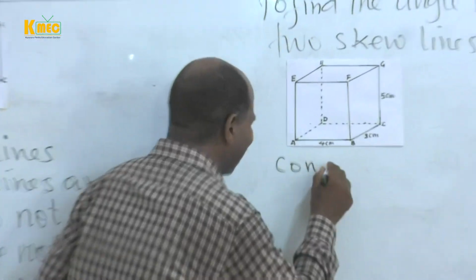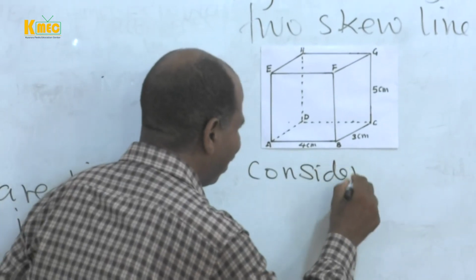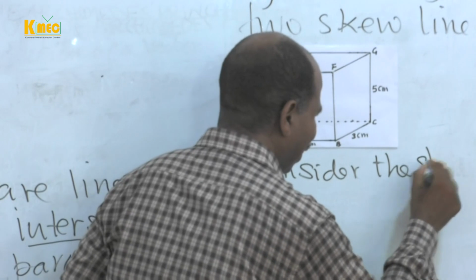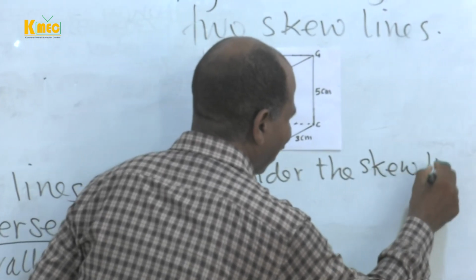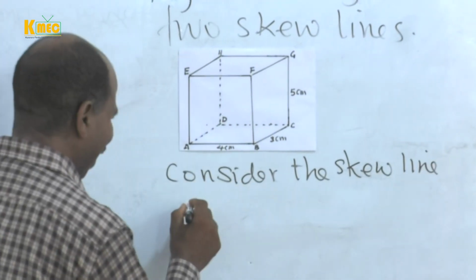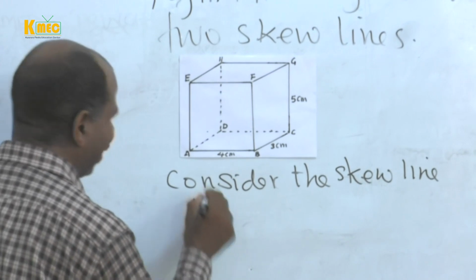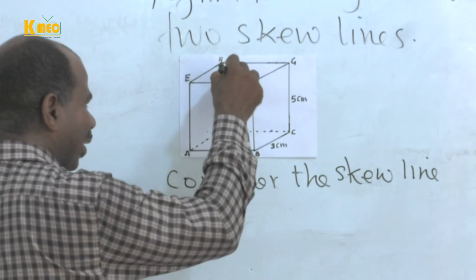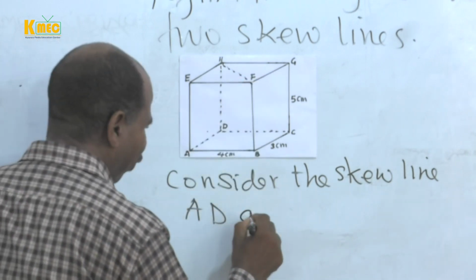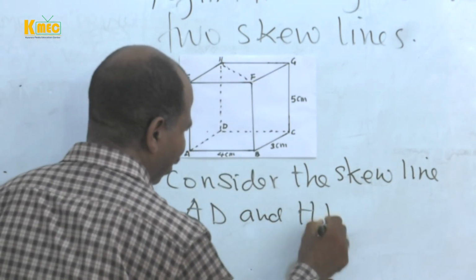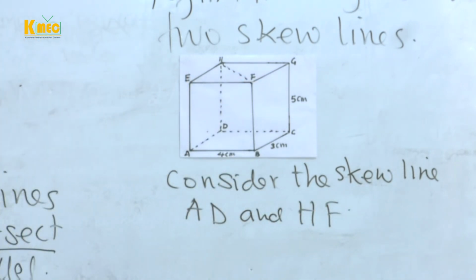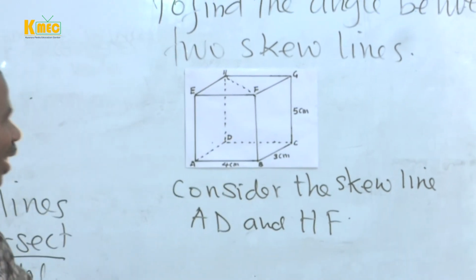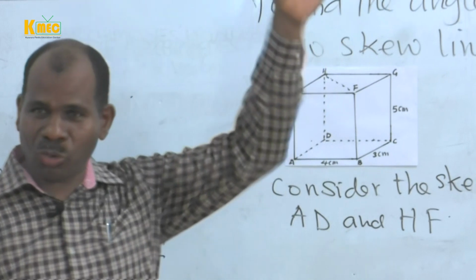Let us consider the skew line AD, this line, and the other line HF. The line AD is at the bottom, and the line HF at the top.